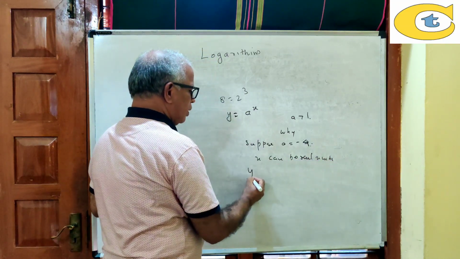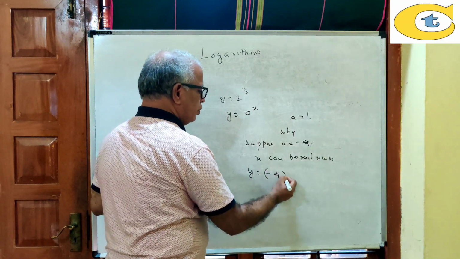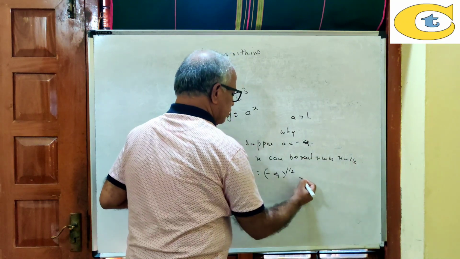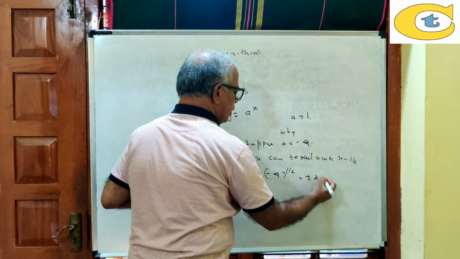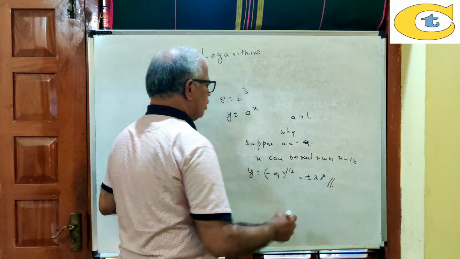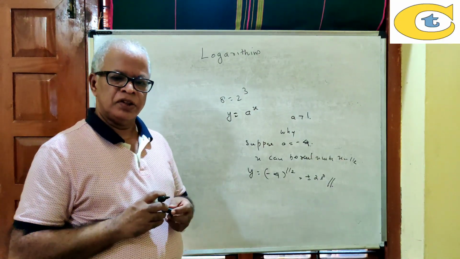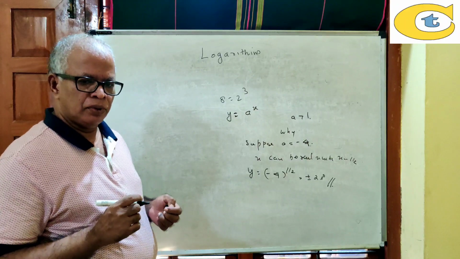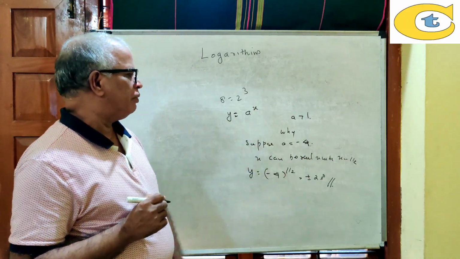Suppose x is equal to 1 by 2. So y is equal to minus 4 raised to 1 by 2, and the answer is plus minus 2i. Since this exponential function is a real function, we have to avoid negative values.